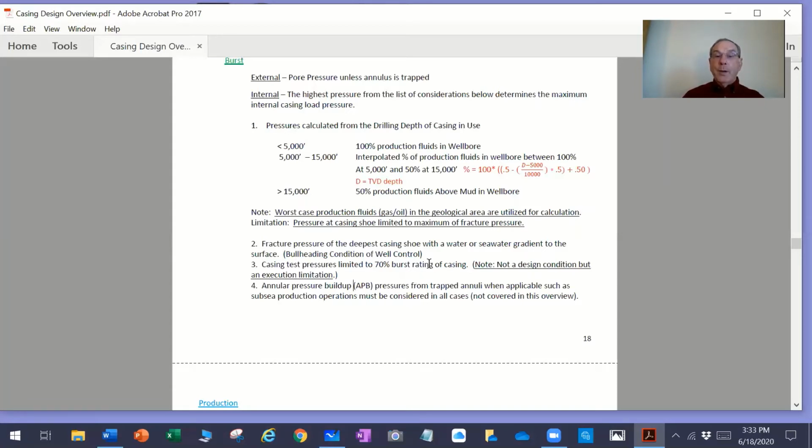Annular pressure buildup, pressures from trapped annuli when applicable, such as subsea production operations, must be considered in all cases, not covered in this overview.